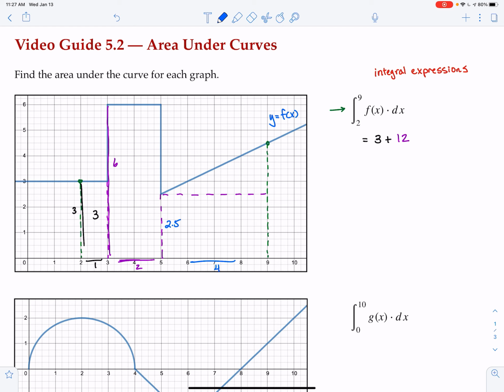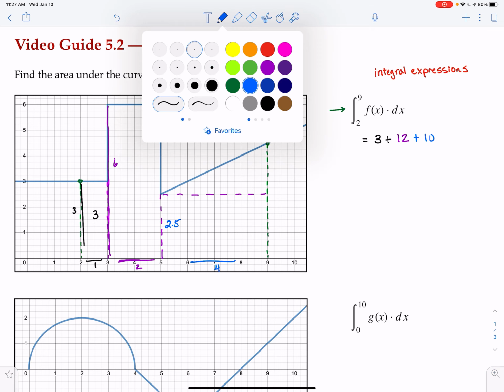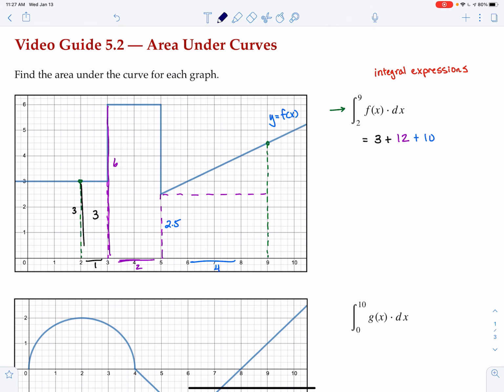So 4 times 2.5 is 10. And then my triangle here still has a base of 4, has a height from 2.5 to 4.5, so a height of 2. Don't forget that your triangle is half of a rectangle, so its area formula is 1/2 the base times the height. So 1/2 times 4 times 2 is 4.